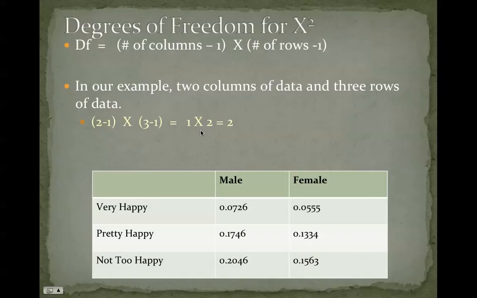So now what do we do with that? Well, the last thing we need to do is look at the degrees of freedom. The degrees of freedom for a chi-square are calculated by the number of columns minus 1 times the number of rows minus 1. And you need the degrees of freedom to reference the table of critical values.